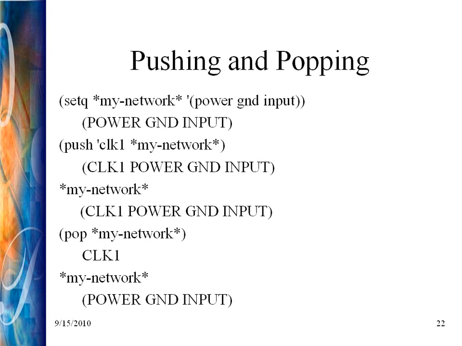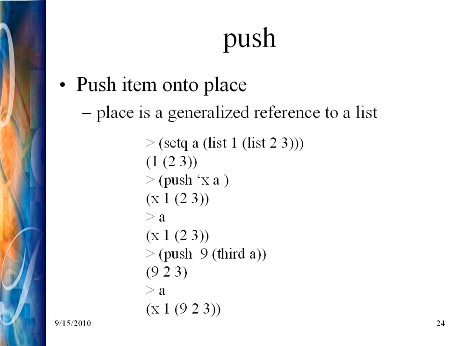We've already mentioned push, but here's push again. Push also works not only on lists, but on generalized references to lists. So here we have list 1 and list 2, 3. So this is the two-element list containing 1 and the list 2, 3 as the two elements. And we can push the symbol X onto A, and we get X, 1, 2, 3.